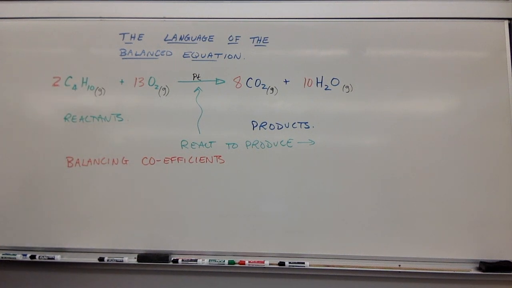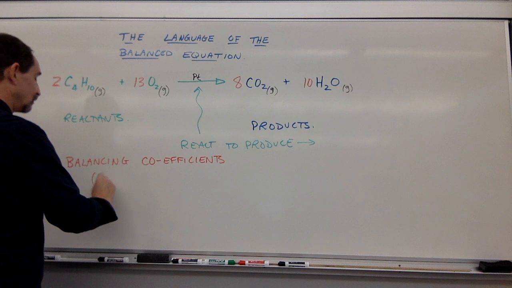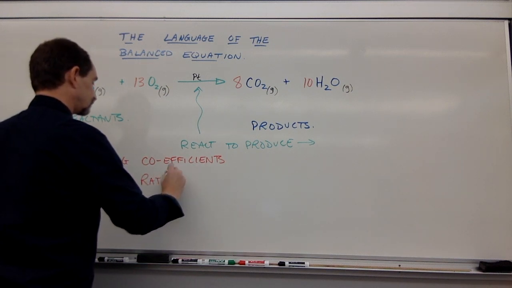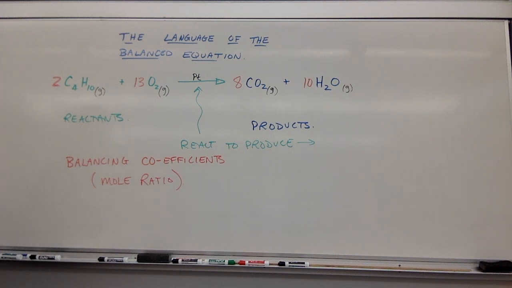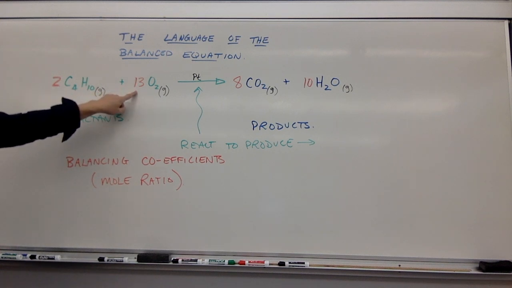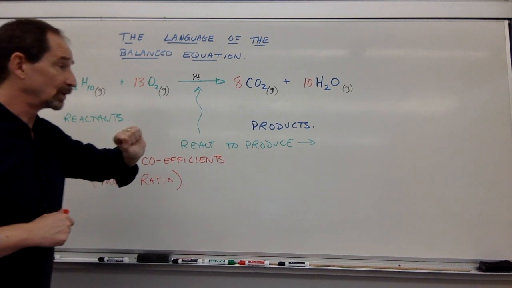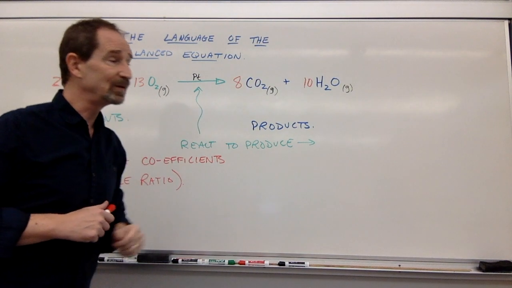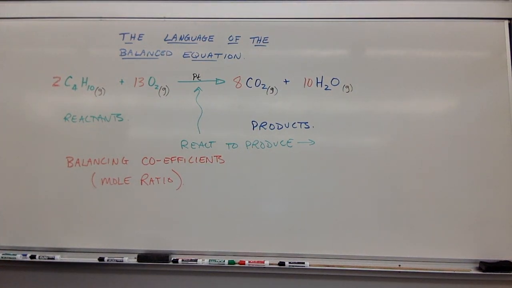Now, in my previous video, I talked about moles, and my balancing coefficients actually become the mole ratio. So I can retranslate that to say 2 moles of butane molecules react with 13 moles of oxygen molecules to produce 8 moles of carbon dioxide and 10 moles of water molecules.